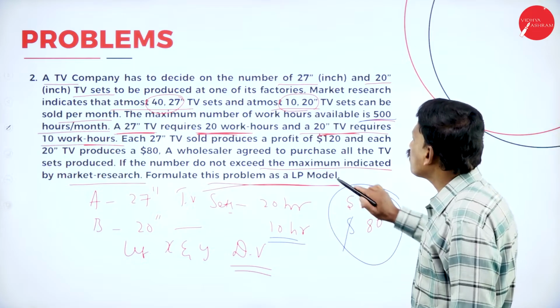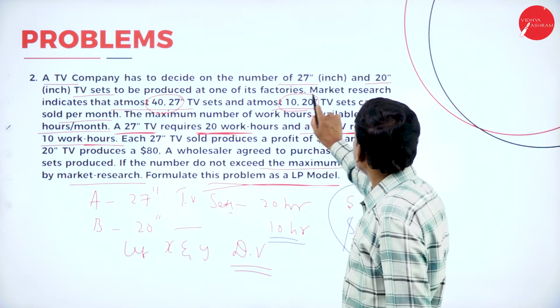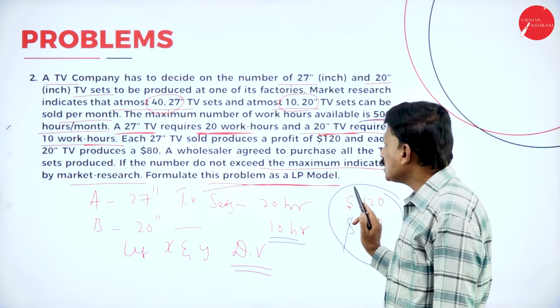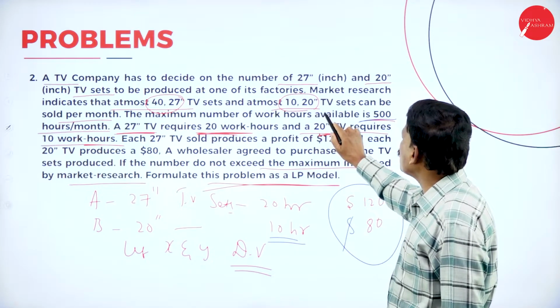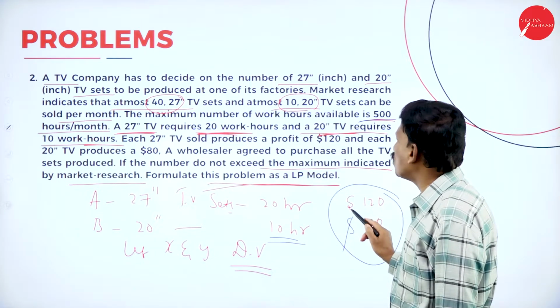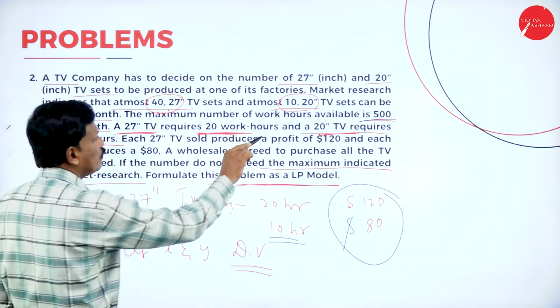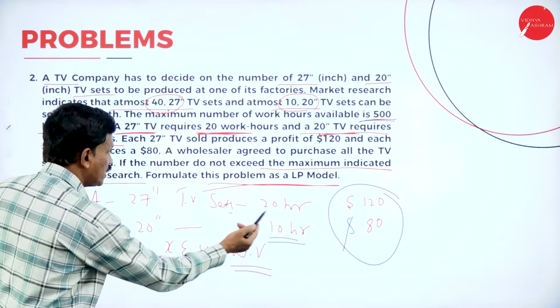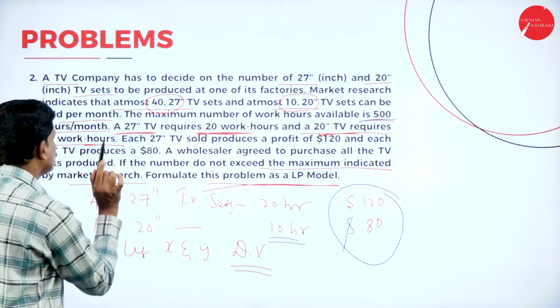Market research indicates that at most 40 TVs of model A and 10 TVs of model B can be sold per month, and the maximum number of working hours available per month is 500 hours.